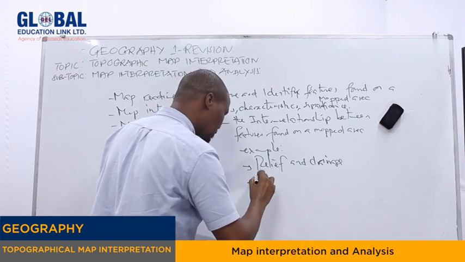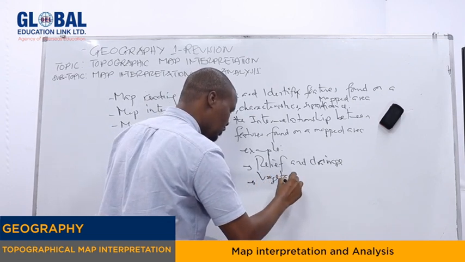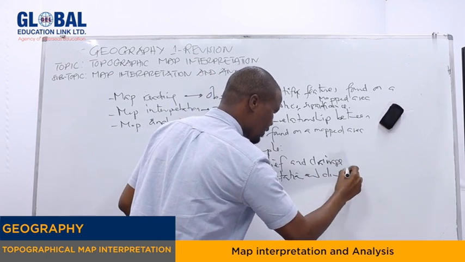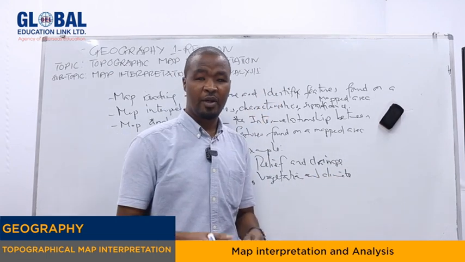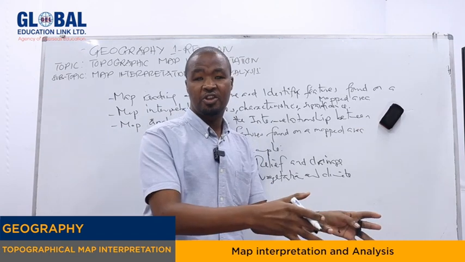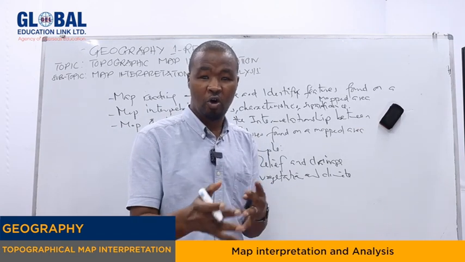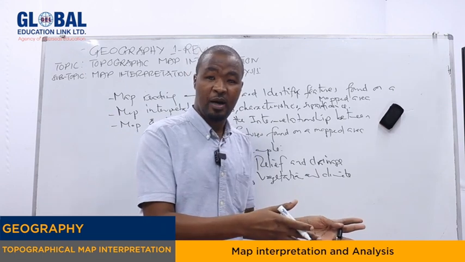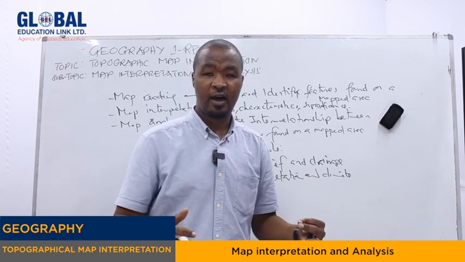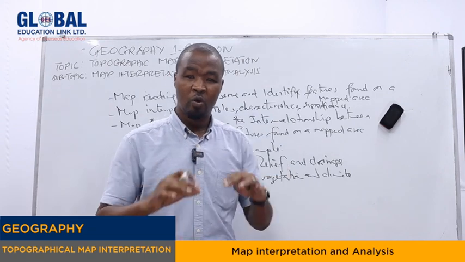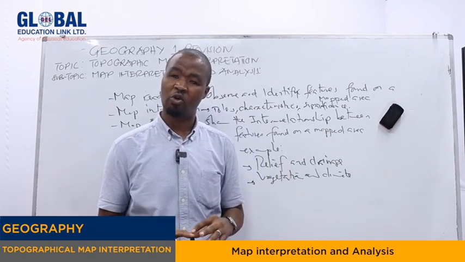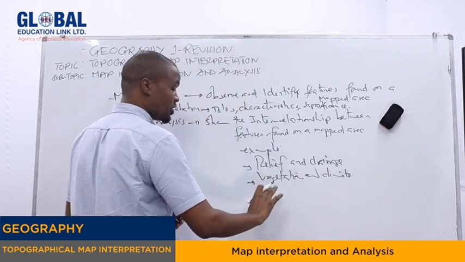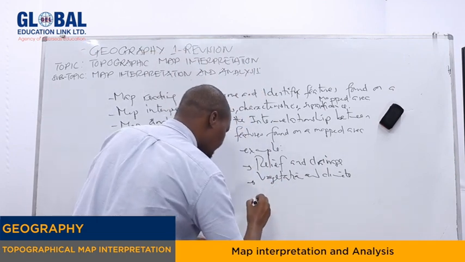The relationship between vegetation and climate. Why is there this type of vegetation? There is this type of vegetation because it is influenced by the climate of a given map. For instance, why do we have dense forest in equatorial areas? We have dense forest in equatorial areas because we have a high amount of rainfall, and that is the relationship between vegetation and climate.